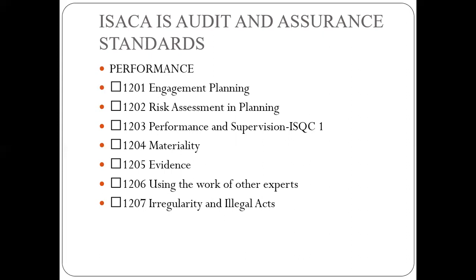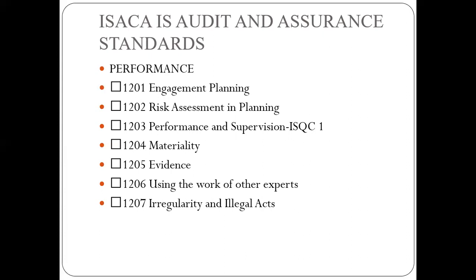So, for example, in the international auditing standards, developed by the International Auditing Standards Board, they differentiate between two materiality thresholds. You have the normal materiality, and you have what they call performance materiality.